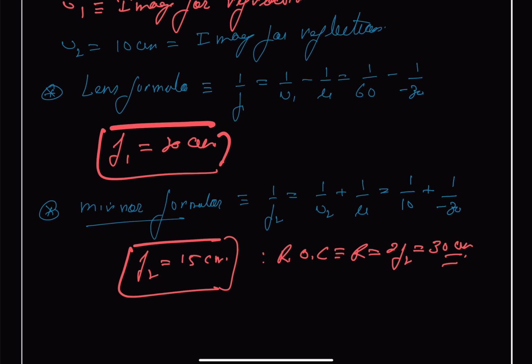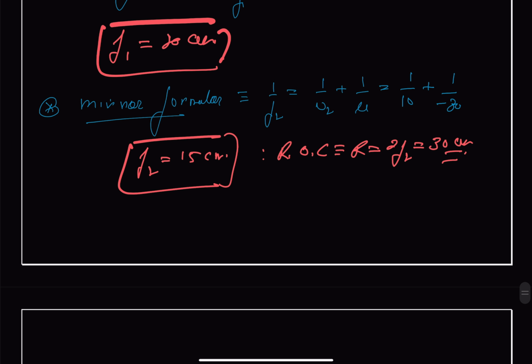And then we can further find the refractive index by using the lens maker's formula. So we have 1 upon f1 is equal to n minus 1, times 1 upon R, and substituting the values, we get 1 upon 20 is equal to n minus 1, times 1 upon 30.